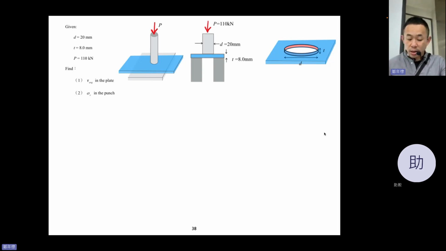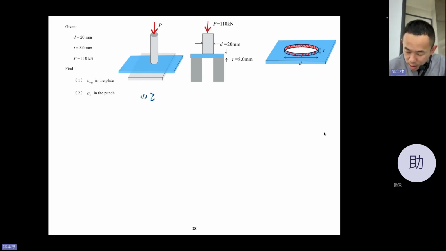Again, tau is the force flowing to the object you are going to examine, divided by the area, and the area you divide by is parallel to the force, right? So the area parallel to the force should be this, right? This area, parallel to the force. So it's easier.